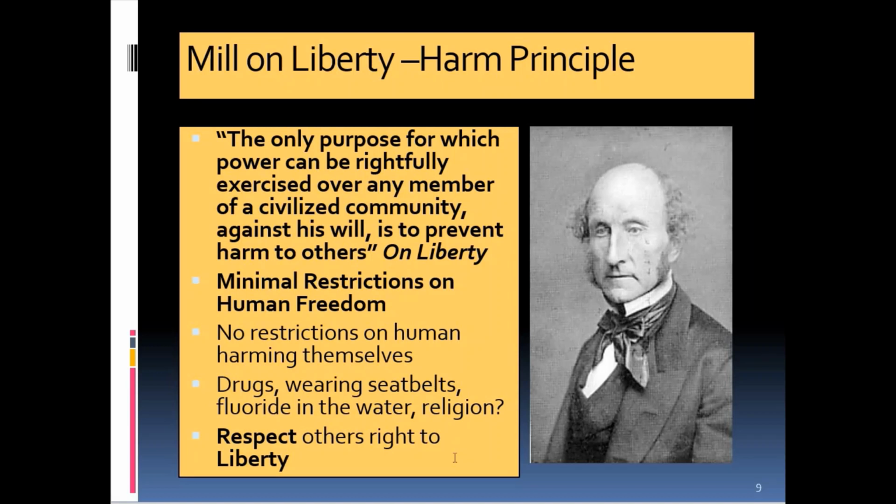Where it becomes a bit more obvious, I suppose, is when somebody's burglarizing somebody's house or somebody's being mugged. Should the policeman, as a representative of the state, then stop that mugging taking place? And then you say, obviously, okay, well, yeah, that's one instance because harm is happening. But I suppose all we need to know for now is that for Mill, the government should not restrict human freedom. That's the point. The only point it should be doing that is to prevent harm.